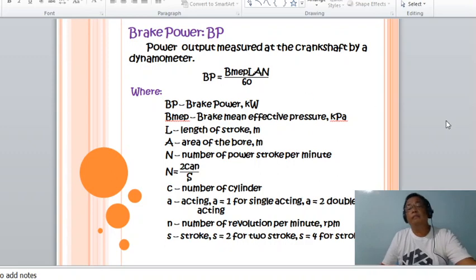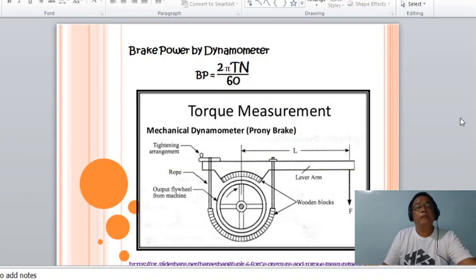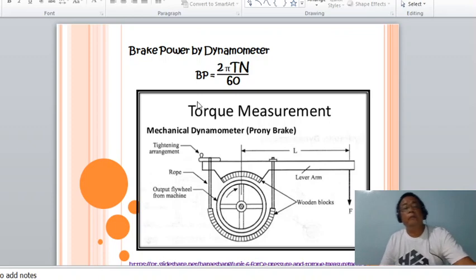slides. Okay? So, we also have determining the brake power in terms of torque, where this torque can be determined using a dynamometer or a prony brake. Okay? So if we take a look at the illustration here, we have a prony brake or mechanical dynamometer.